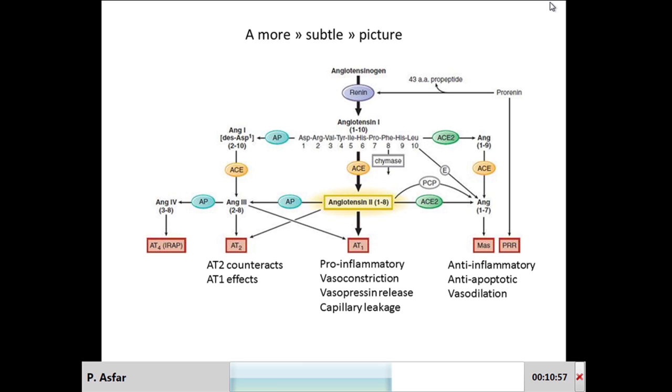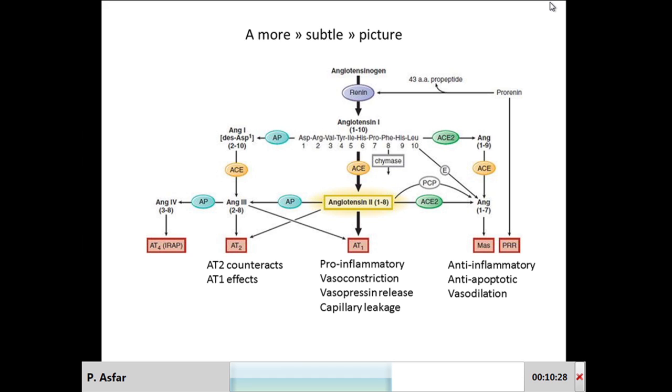The new angiotensin-converting enzyme 2, which was discovered recently, has protective effects, and it cleaves angiotensin II to angiotensin 1-7. And it combines with two receptors, which are MAS and prorenin receptors. It has anti-inflammatory and anti-apoptotic effects, and is associated with vasodilation.